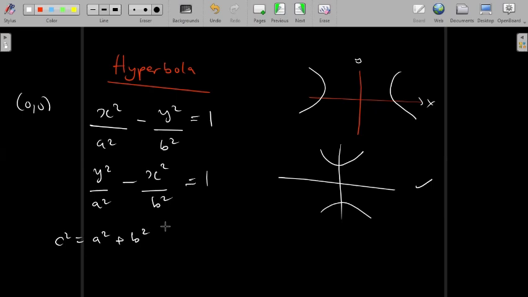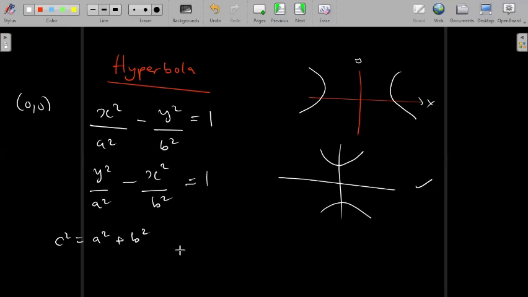Notice the difference with that of the ellipse. For the hyperbola, it's computed like this. And now with this one, we also have to find the asymptotes. We're looking at a point where we have 0, 0.